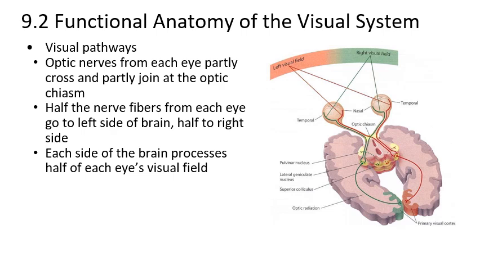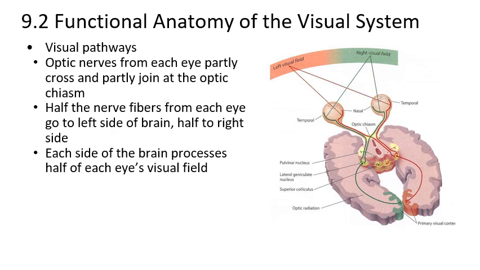The way the information joins is a little bit complicated, but the inner part, or the nasal side, of the left eye, and the temporal part, or the outside, of the right eye, join together at the optic chiasm and go to the right side of the cortex, the right primary visual cortex.